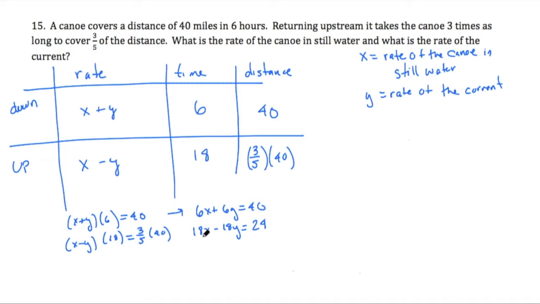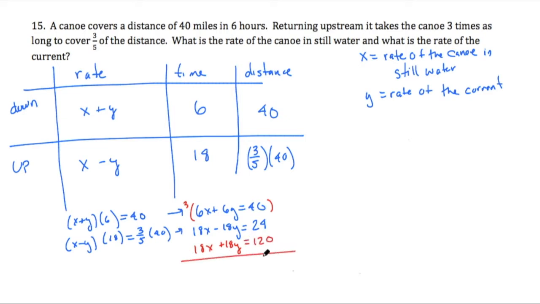Great, so we are now set with our equations. They look a little nicer than they started off, and this system of equations would be very convenient to use elimination by. So we're going to go ahead and multiply this first equation by 3 on both sides, and I'll write it down beneath. So now we have 18x plus 18y equals 120.